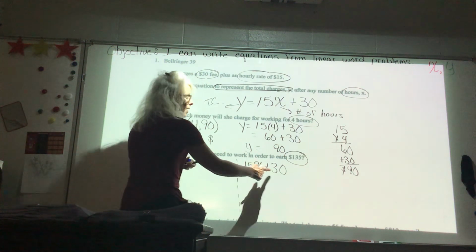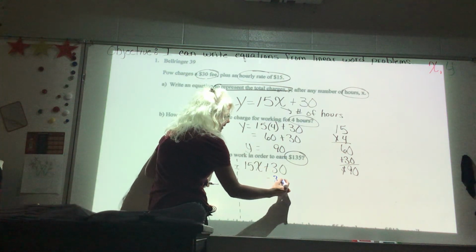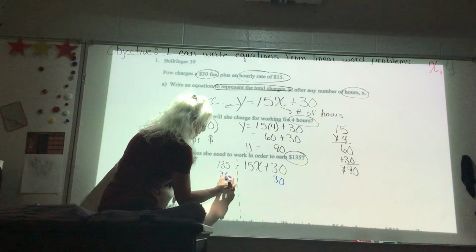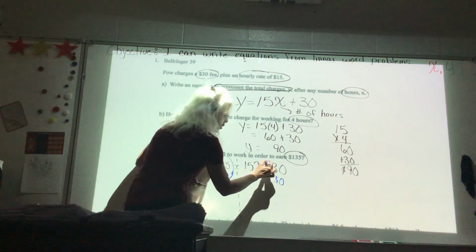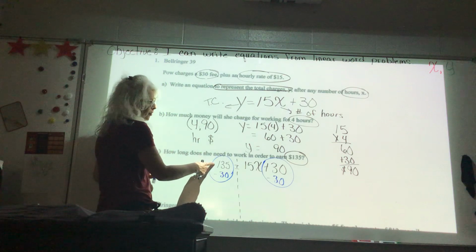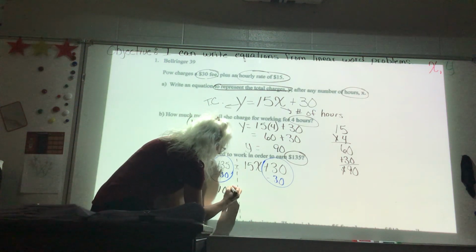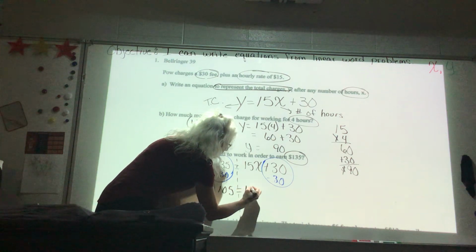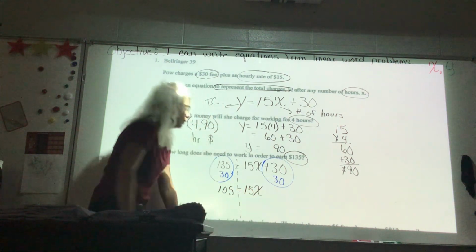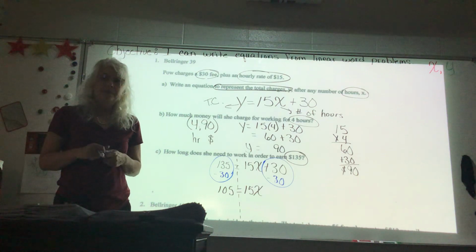So I'm gonna get rid of my 30 by doing what? The opposite. Circle my like terms. 135 minus 30 is $105. Equals 15x. Is my variable isolated?